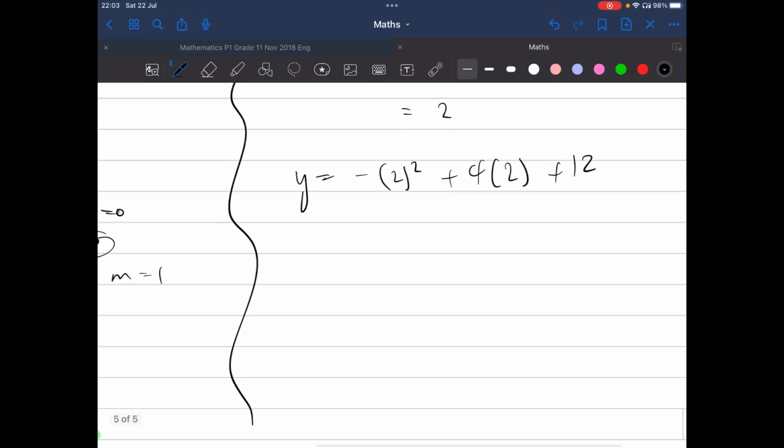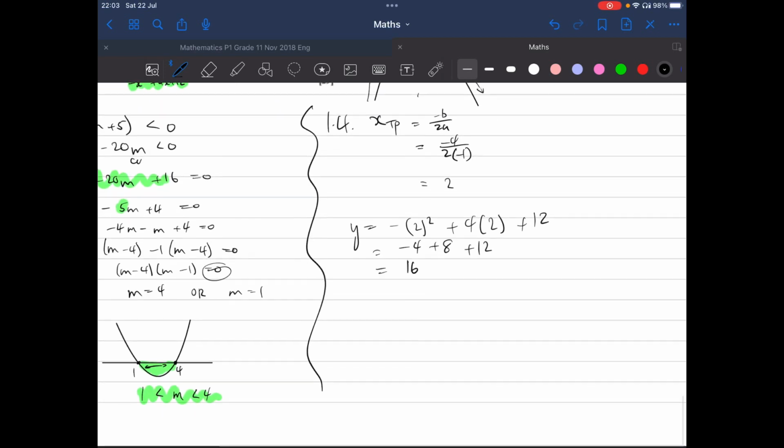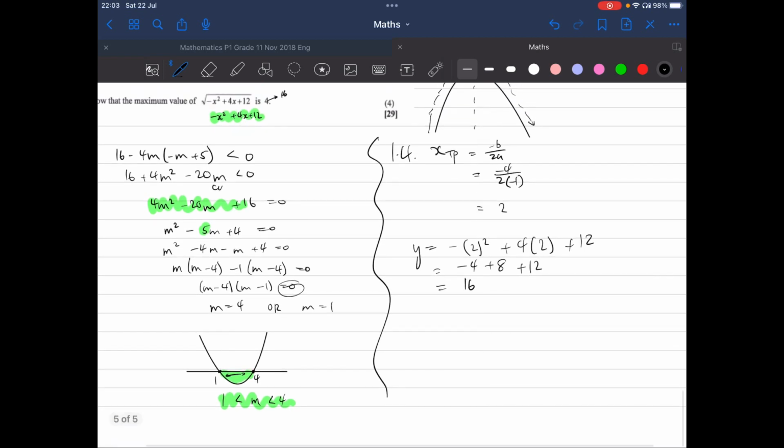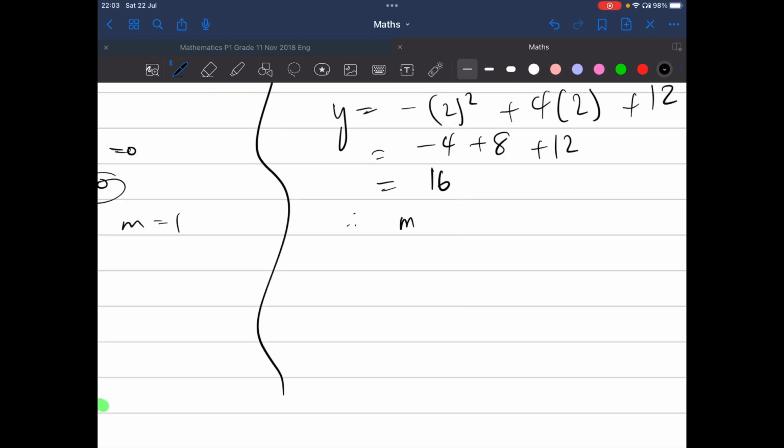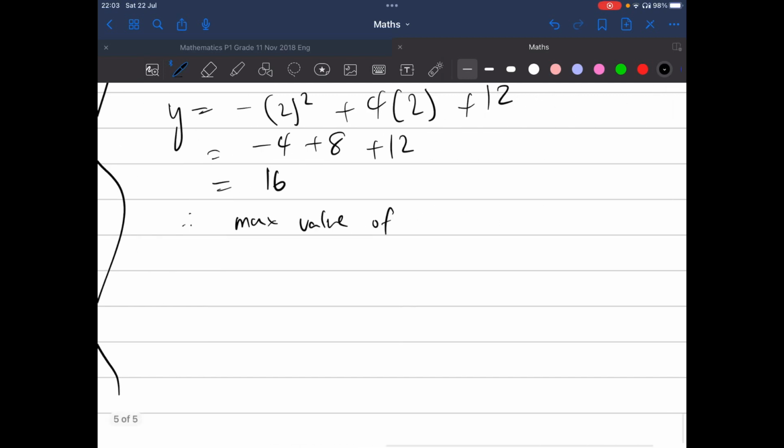Okay, and if I evaluate that, I get minus 4 plus 8 plus 12, and that gives us 16. So we can say therefore the max value of minus x squared plus 4x plus 12 is 16.